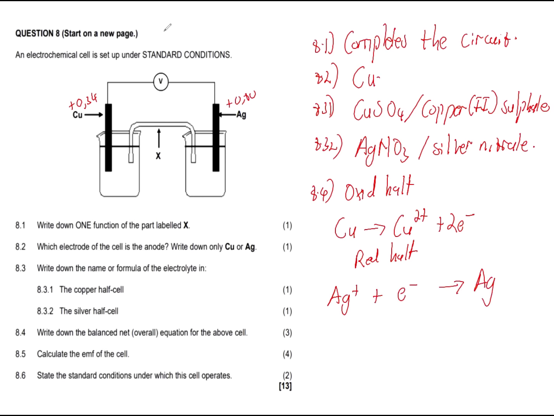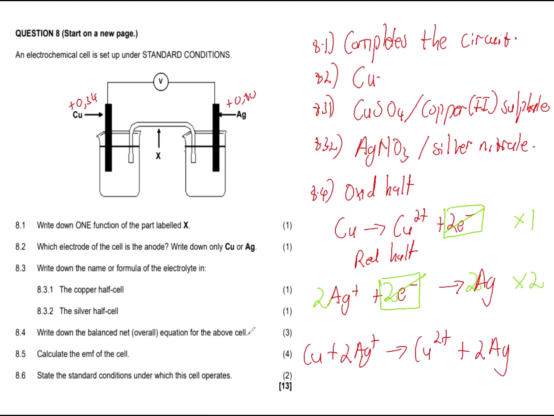Ag. Then again, you do that thing of cross multiplying. So you multiply by 2 here, you multiply by 1. If you multiply everything here by 2, then it goes like that. And then obviously this and that now cancel out, right? So now we have what? Cu plus 2Ag+ to give us what? Cu2+ plus 2Ag. And this becomes your net cell reaction.